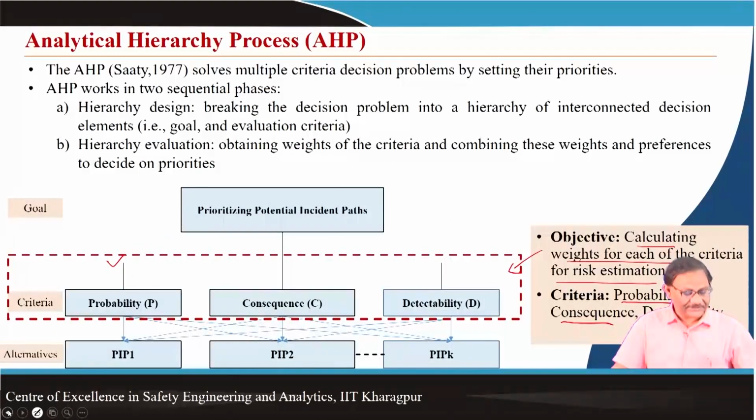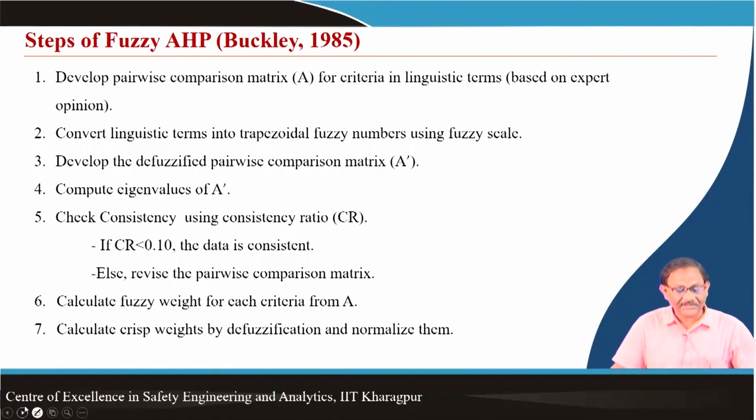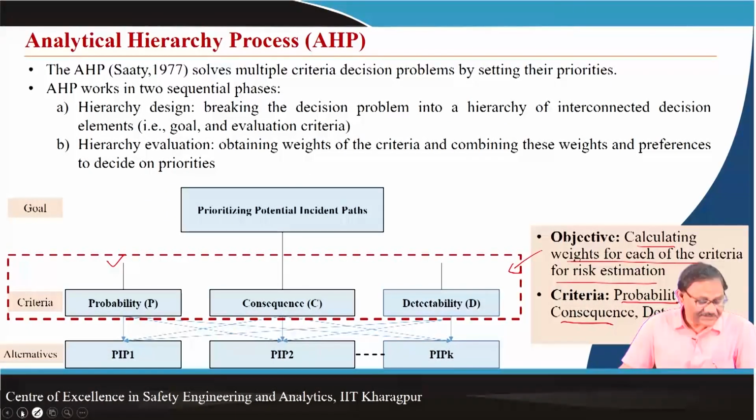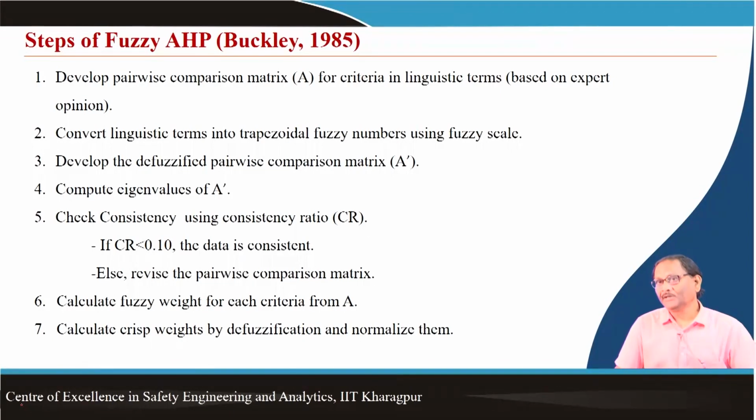We are not using simple AHP, we are using fuzzy AHP, and I think you have already understood the fuzzy set concept, the fuzzy number concept. Primarily we have used trapezoidal fuzzy numbers earlier also, and to keep parity with the earlier development, here also I will be using trapezoidal fuzzy numbers. Why are we using fuzzy numbers?